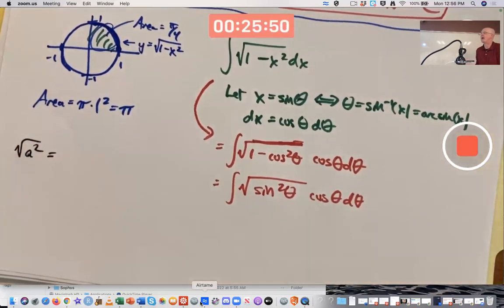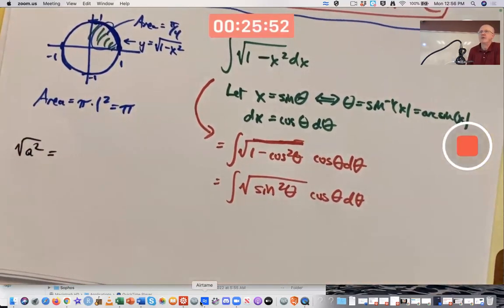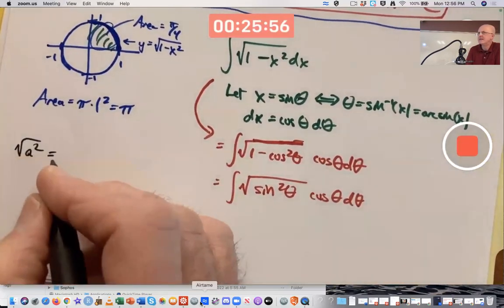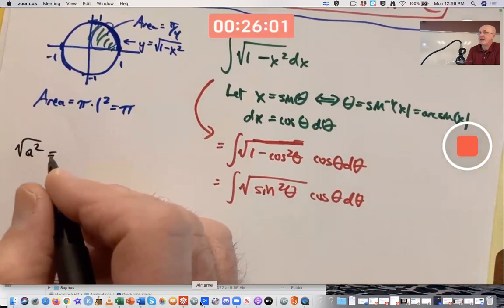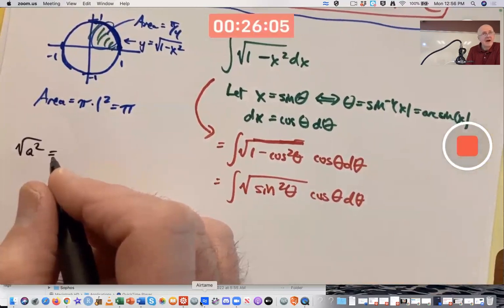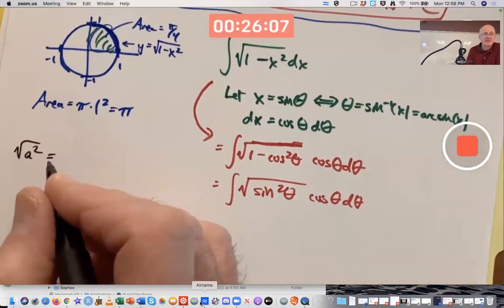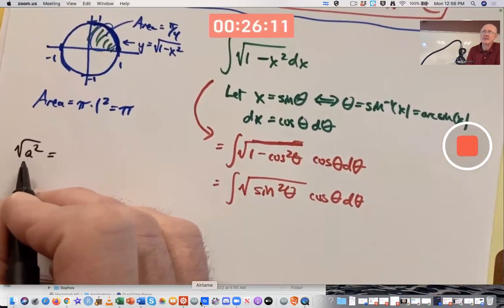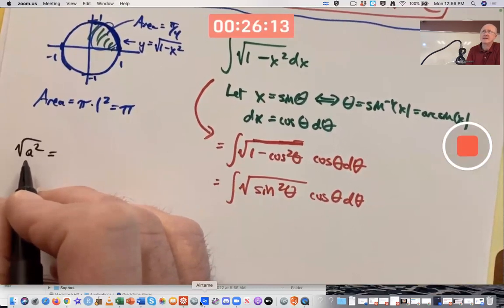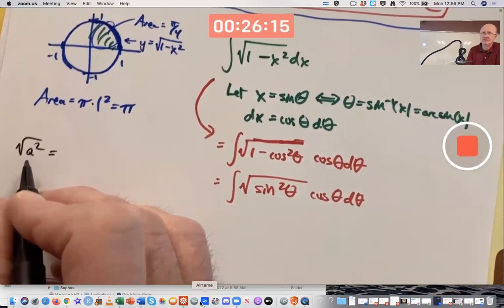This does not equal a. But wait a minute. Don't we use that sometimes? Doesn't this equal a typically? Not when a is negative, it doesn't. When a is positive, it does. But if a were like -5, -5 squared is positive 25, and by definition, the square root of positive 25 is positive 5, not -5.